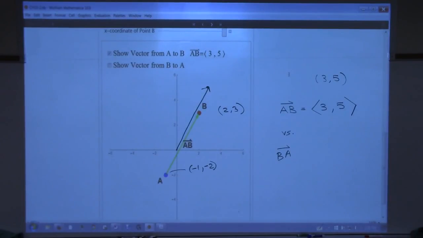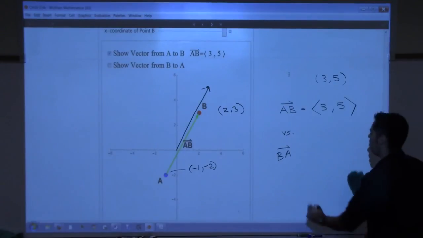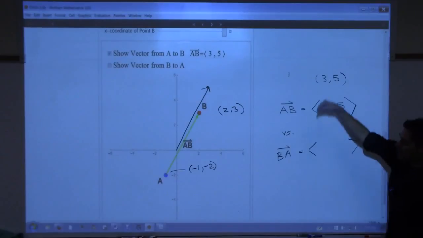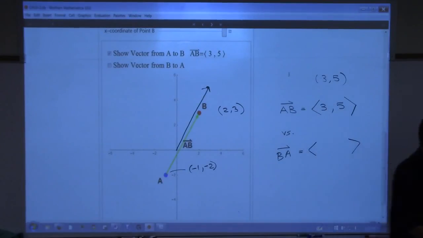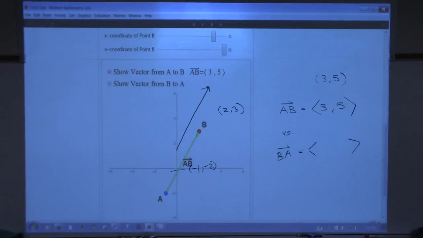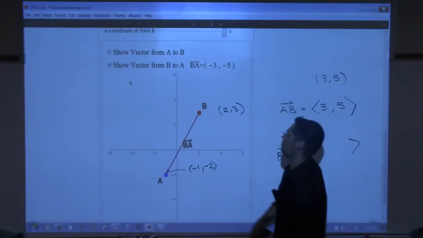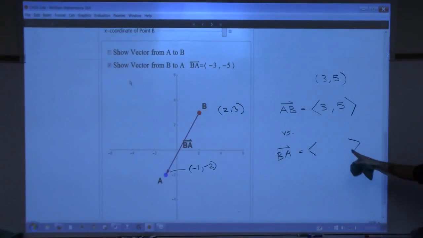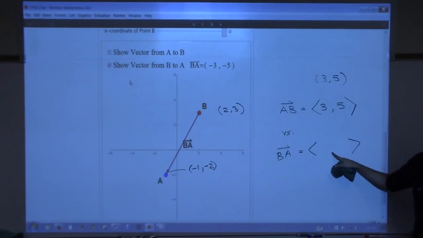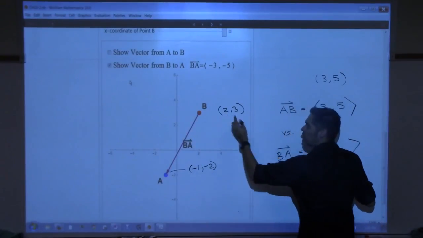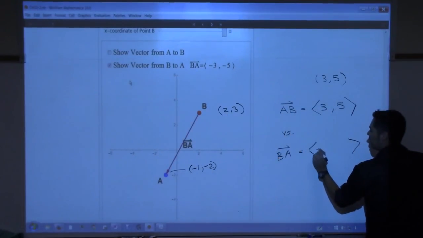Now, what would the vector BA look like? Well, it would go the opposite direction, wouldn't it? And how would we do the math here? Opposite, right? Instead of going 2 minus -1, we go -1 minus 2. -1 minus 2 is -3.